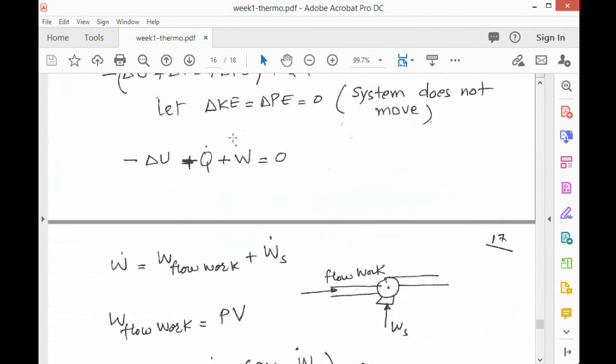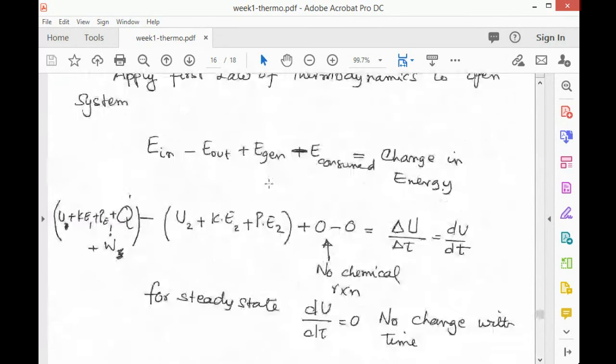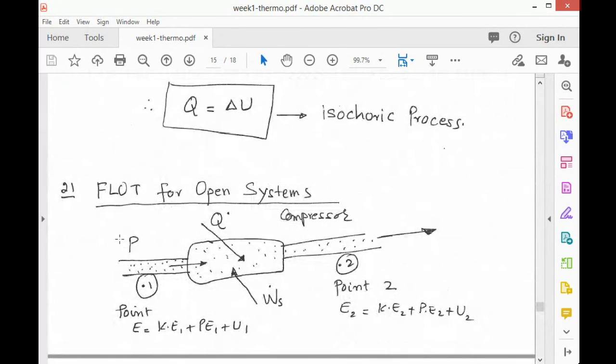Now this work is divided into two parts. One is a flow work and one is a shaft work, because you are pumping here. Because the fluid is flowing, there is some pumping going on.